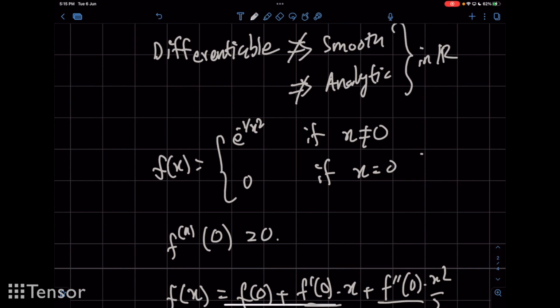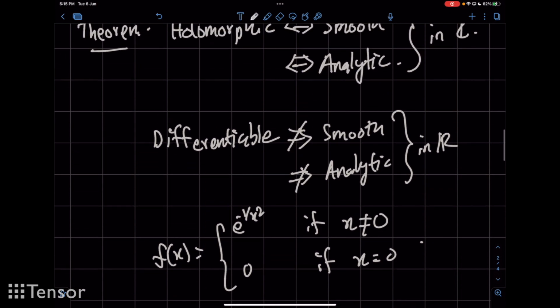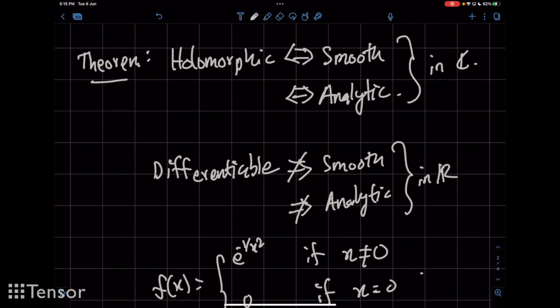But we are extremely lucky that in complex numbers, holomorphicity, smoothness, and analyticity, all of them are equivalent.